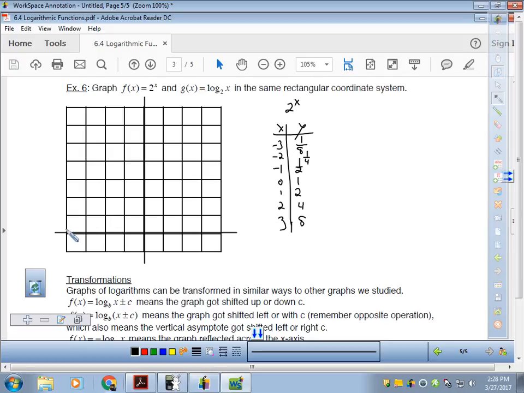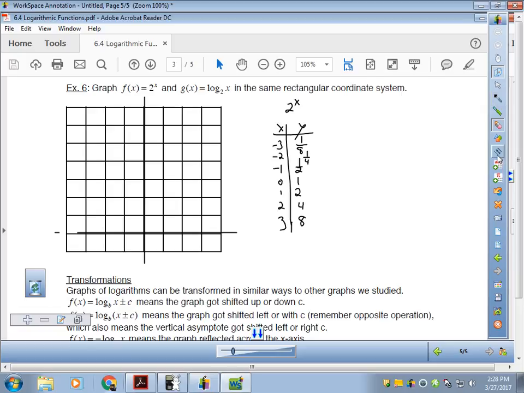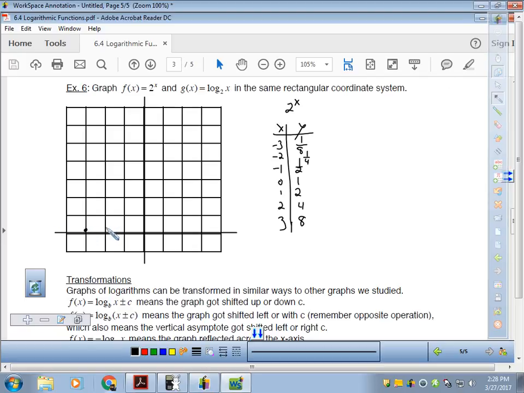And so if we kind of plot those points, oh, you know what, I actually went up too far, didn't I? So at -3, it should be at 1/8. -2, it should be at 1/4. -1, it should be at 1/2. 0, it's at 1. 1, it's at 2. 2, it's at 4.